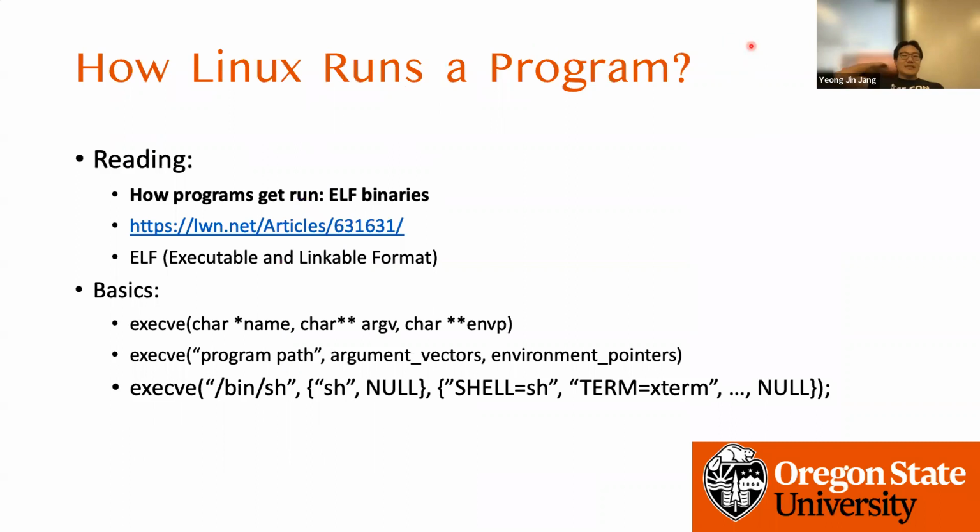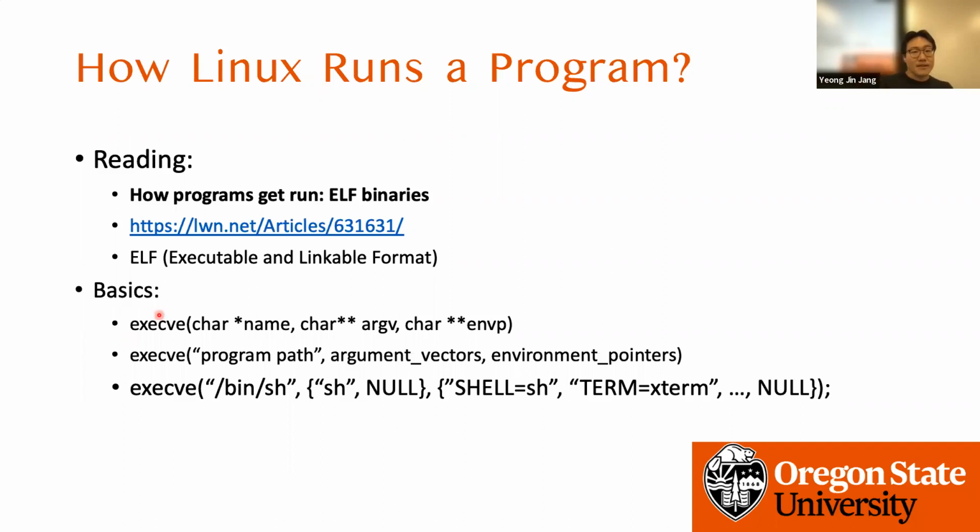Let's take a look at how Linux runs a program; other operating systems are very similar. When we run a program, we must use the execve system call. That's the only single point where we can run a program.